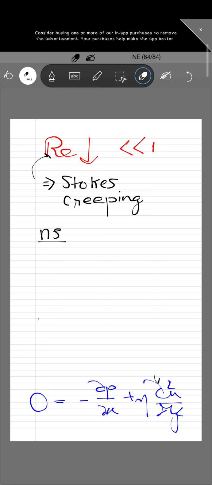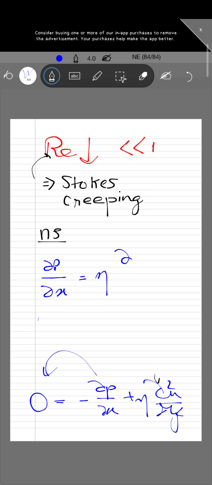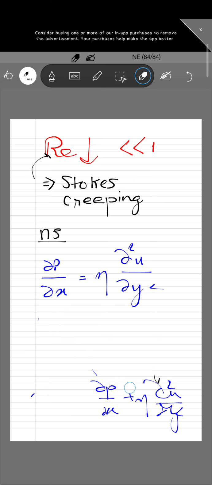So if we take this to the left hand side, it's simply del P by del x is equal to eta del square u by del y square. This is the equation that we finally obtain.